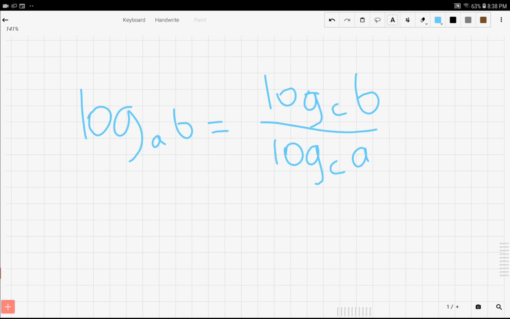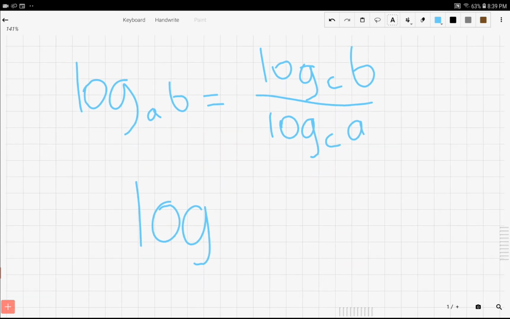and it's really useful if you only have a scientific calculator and you don't have an advanced graphing calculator that has the function of being able to change the base, because most scientific calculators only offer bases of 10 and bases of e.